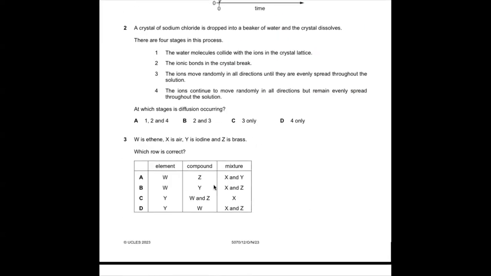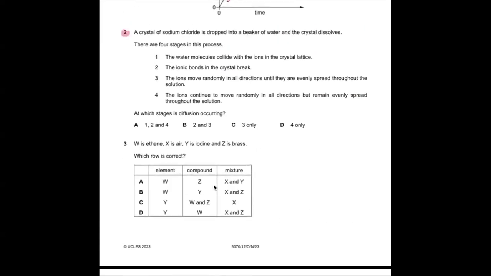Okay, now MCQ number 2. A crystal of sodium chloride is dropped into a beaker of water and the crystals dissolve. Okay, there are four stages in this process. The water molecules collide with the ions in the crystal lattice. The ionic bond in the crystal lattice break.